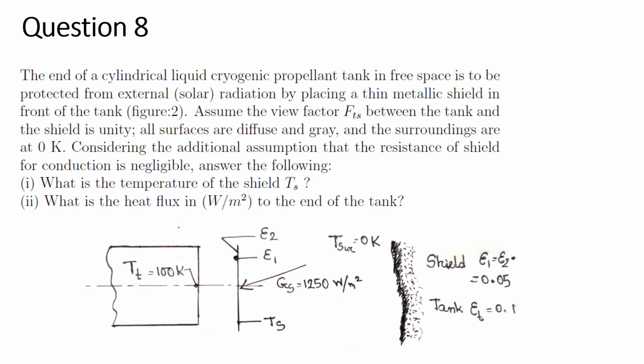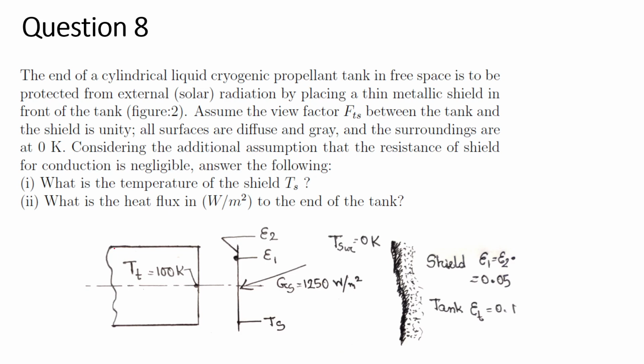Assume the view factor FTS between the tank and the shield is unity. All surfaces are diffuse and gray, and surroundings are at 0 Kelvin. Considering the additional assumption that the resistance of the shield for conduction is negligible, answer the following. What is the temperature of the shield Ts, and what is the heat flux to the end of the tank?